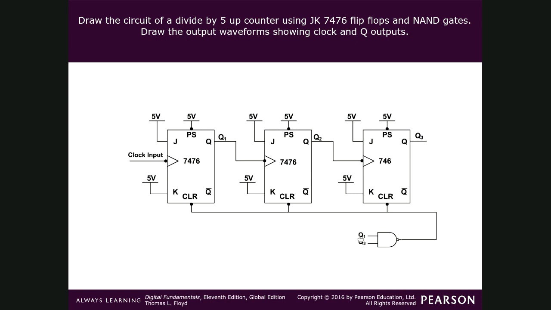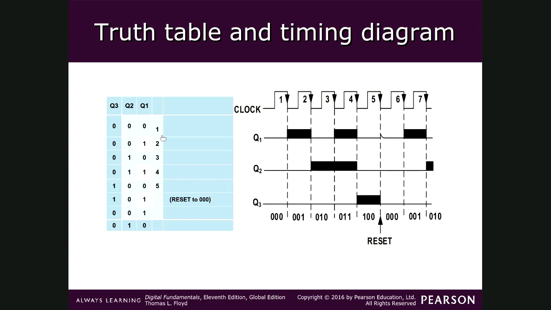If you have no NAND gate, it will become a mod 8 counter. Since we are putting a NAND gate, it will not count mod 8. It will go to mod 5. See here, mod 5: 1, 2, 3, 4. Only 5 pulses. The 6th one will be reset.